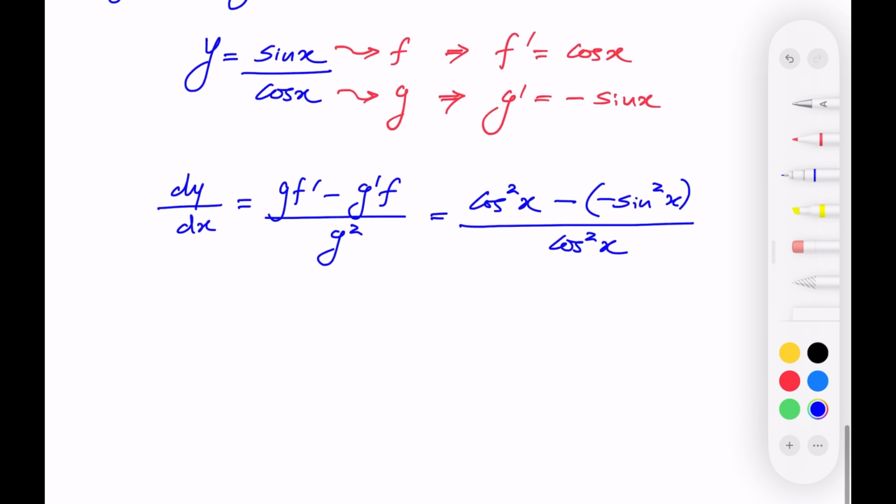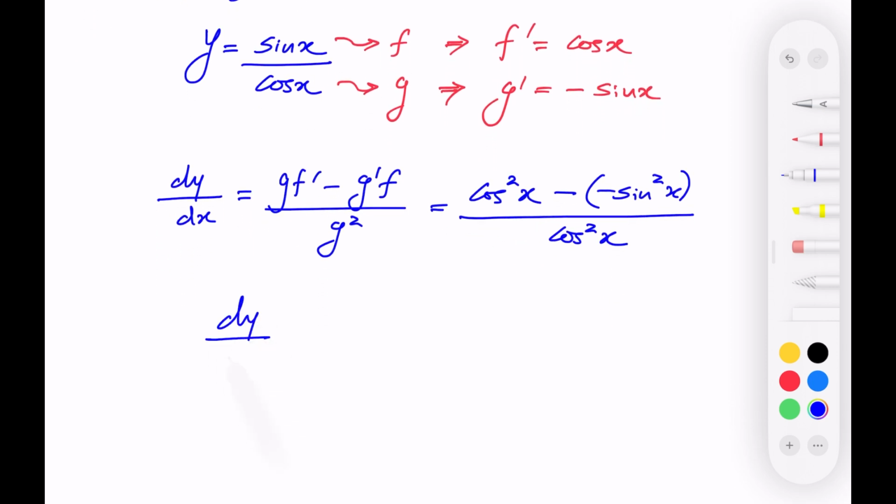Now we need to simplify. Dy by dx should be equal to, on the numerator, what do you have? Once you simplify this numerator, the first term is cosine squared x, and then I have a negative symbol right here, and it has to be distributed to the minus sign right there.